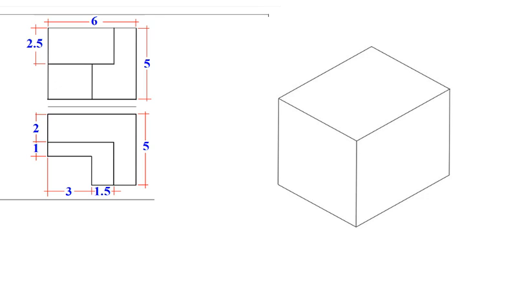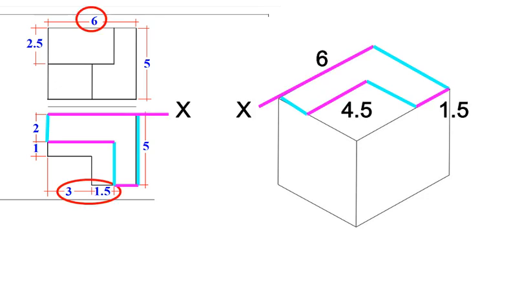So, let's break it down step by step. First, we'll tackle the larger L shape. From the top view, we can see its footprint, its length and width in the X and Y directions.